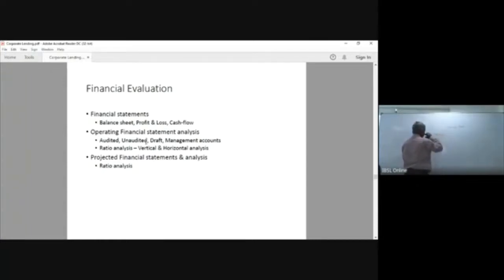Operating financial statements. The other one is projected. So the operating balance sheet, profit and loss, and cash flow. These are the main financial statements in operating financial statement analysis.